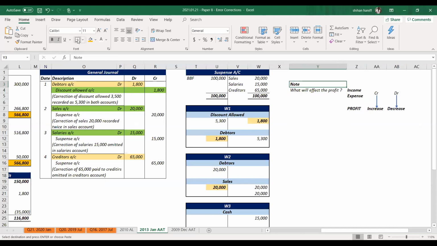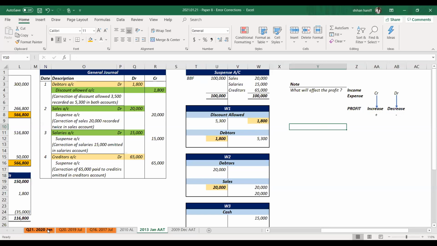So what will affect the profit? Either income or expense. Profit will be affected by income or expense. So first you identify what are the income and expenses in this general journal. If it is credit, we need to add, increase, plus. If it is on the debit side, we need to decrease, deduct, minus. Credit is plus, debit is minus.